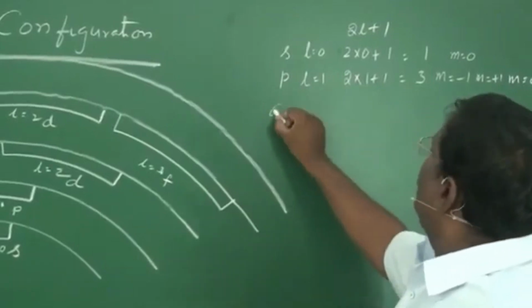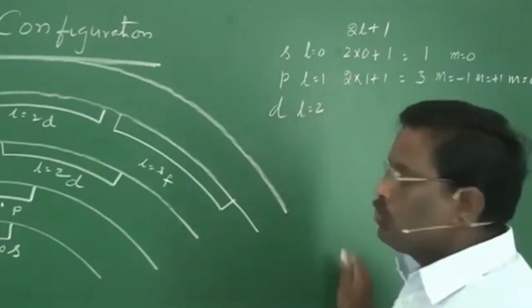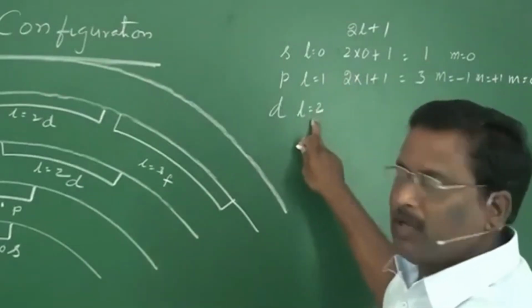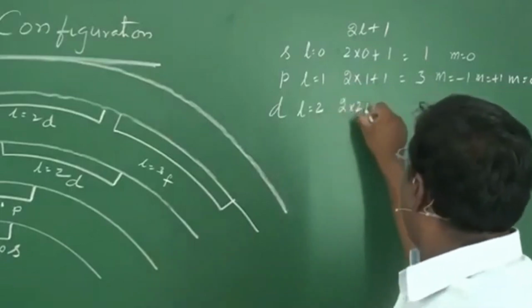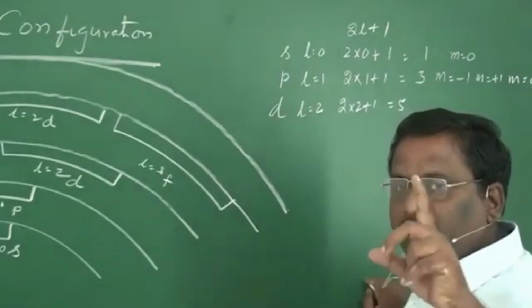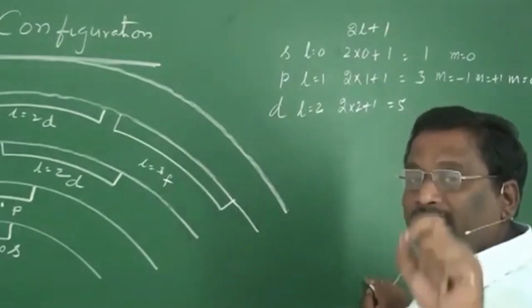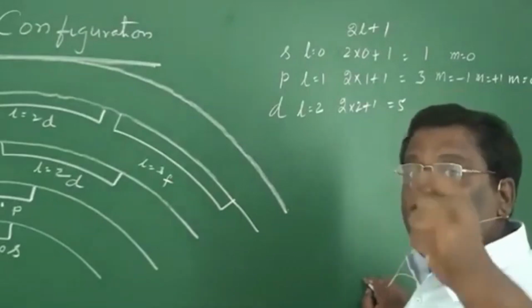Similarly, if D sub-energy level is there, L is equal to 2. So the number of orbitals present in D sub-energy level is equal to 2 into 2 plus 1, that is 5. So it has 5 m values. There are 5 D orbitals in D sub-energy level with 5 m values.